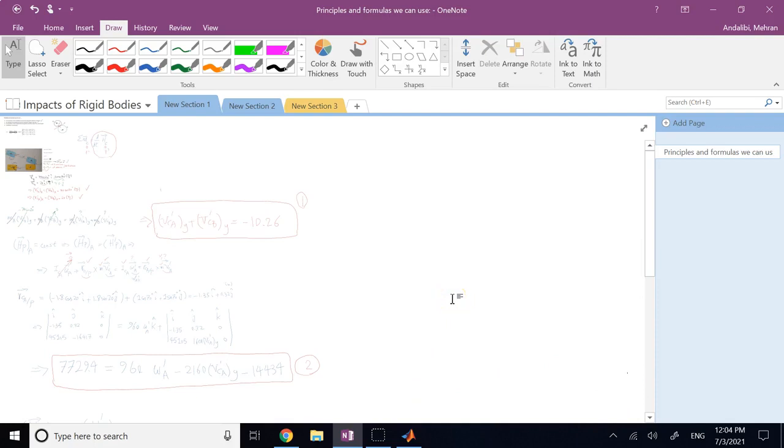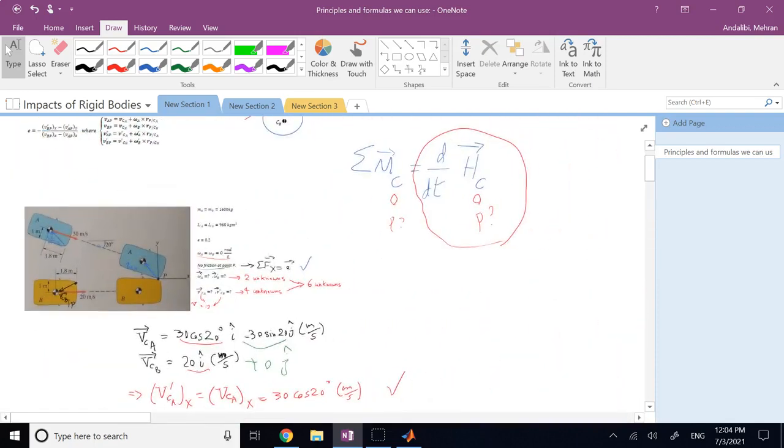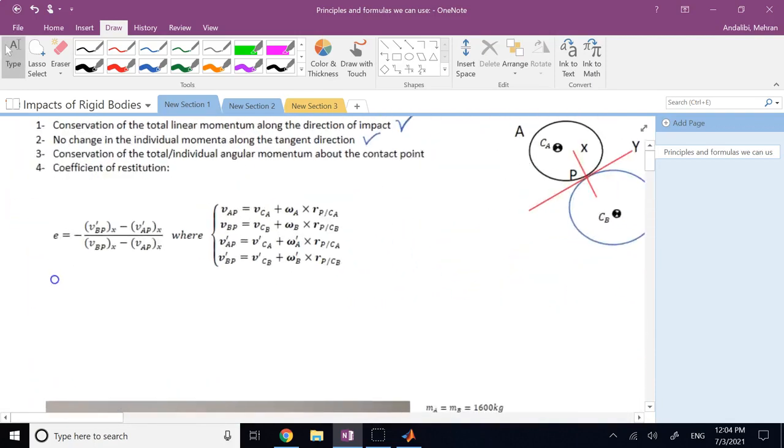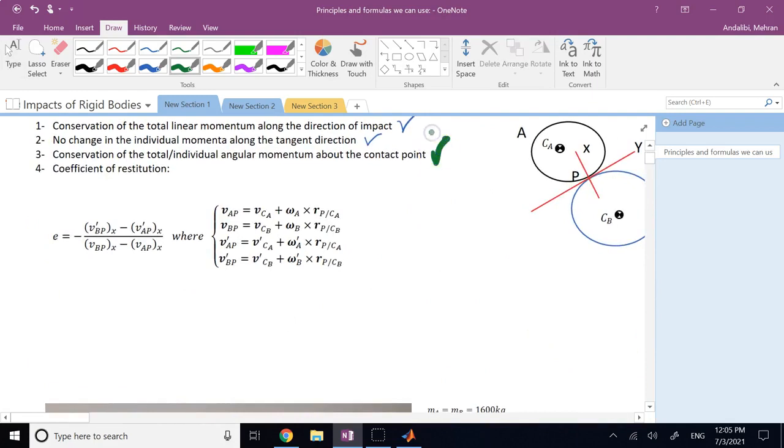The only thing remaining is, so now I have used this one. The only thing remaining is this guy, the coefficient of restitution, which is E here, 0.2, is the negative of what I have from here.